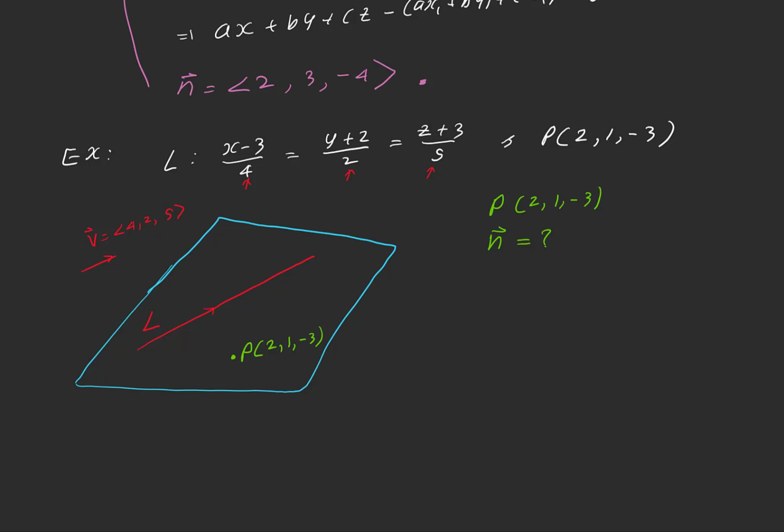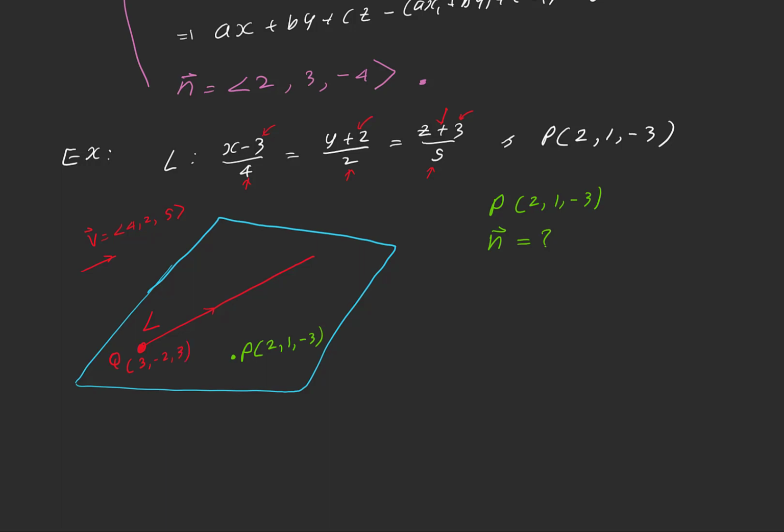Then what are these? 3, negative 2 and negative 3. Using this one, and here, and here, this one is positive, therefore we can get a point on the line. I use Q, so we know a point on the line, it is 3, negative 2, 3, right?